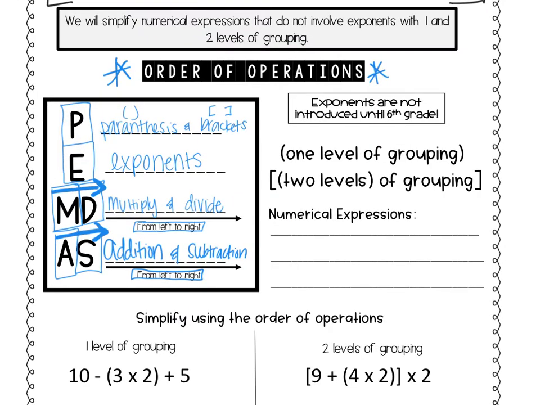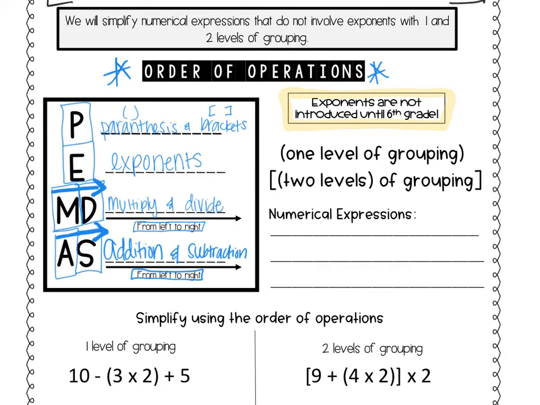Alright, boys and girls, now that we know what PEMDAS stands for, let's just remember, first of all, that exponents are not introduced until 6th grade. So we will not talk about exponents until you are in 6th grade next year. Our brackets and our parentheses, our P from PEMDAS, are used to group operations.